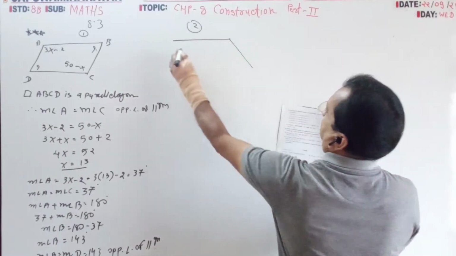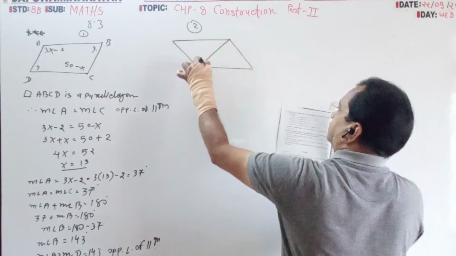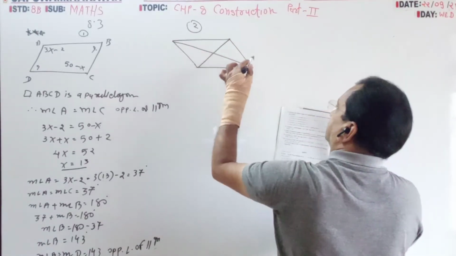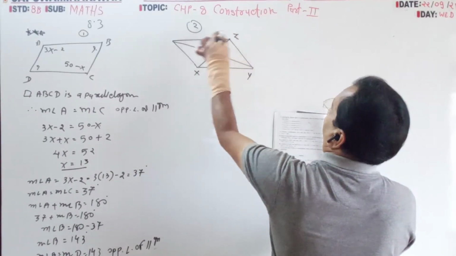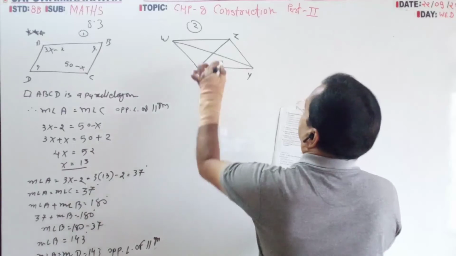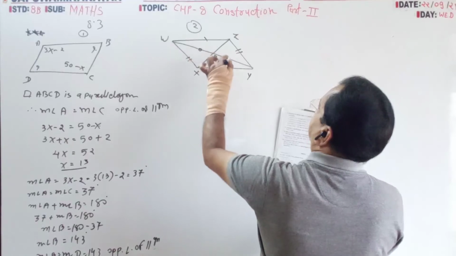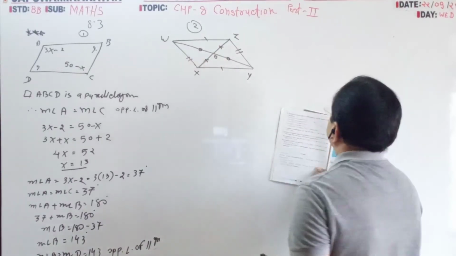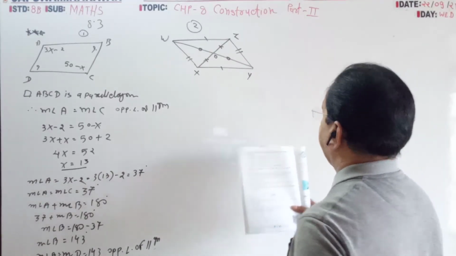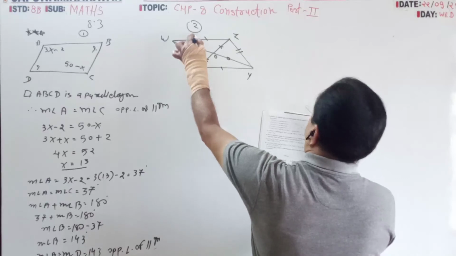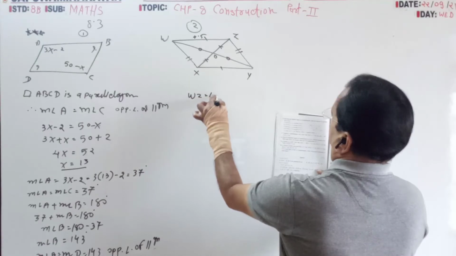Again, it's a parallelogram. Opposite sides are equal. Diagonals bisect each other. These are the properties of a parallelogram. WZ is 4.5.